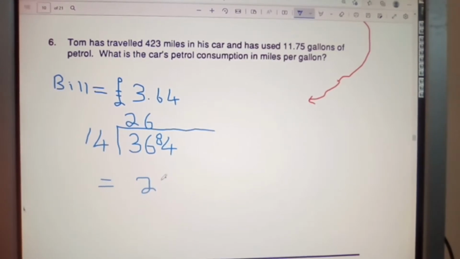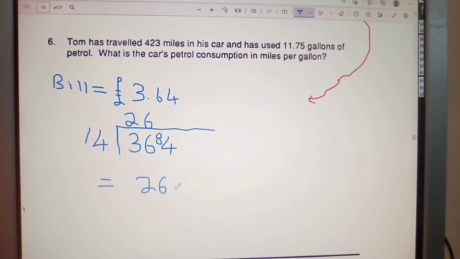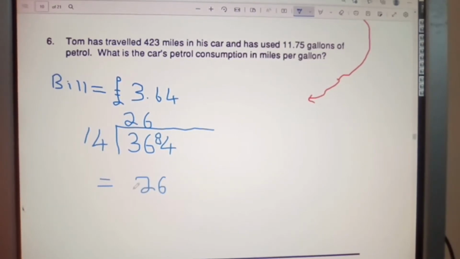But remember that we moved our decimal point 2 places to the right. So we need to move our decimal point 2 places to the left. Let me make sure I get this right.